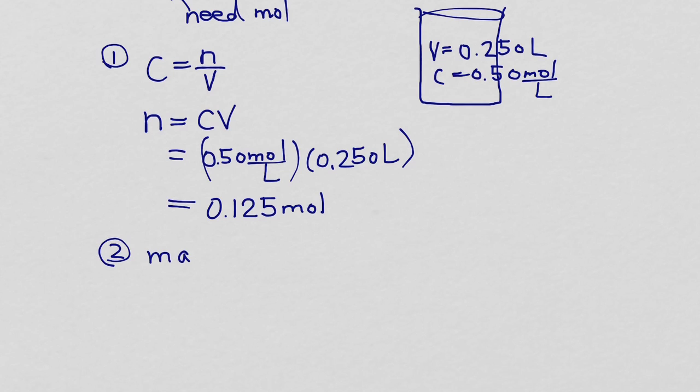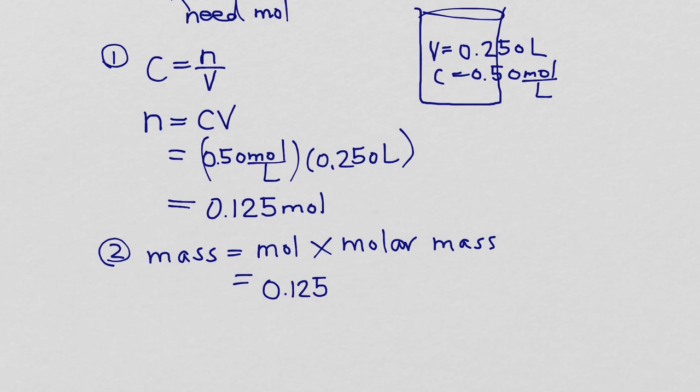Mass equals moles times molar mass to determine the mass of the solute that you have to add. So in order to make the solution, we need to add in 0.125 moles. But remember, in real life, there's no equipment to measure moles.